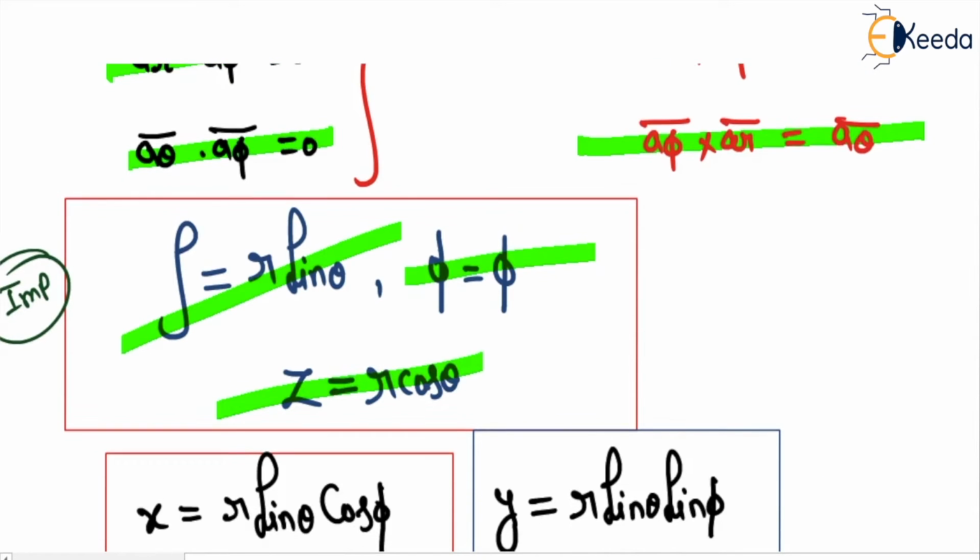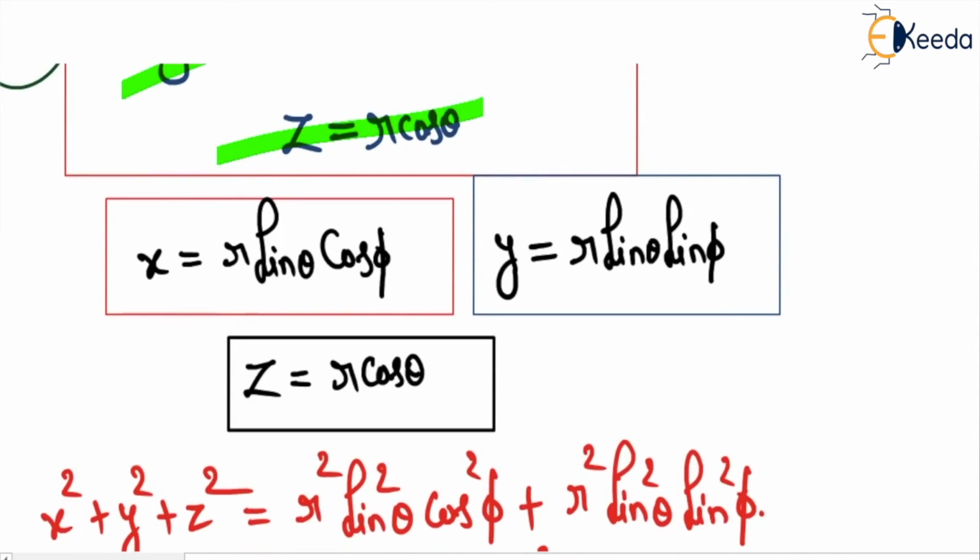And when we talk about the relationship between x, y, z and r, theta, phi, the value of x is r sine theta cos phi, the value of y is r sine theta sin phi, and the value of z is r cos theta.